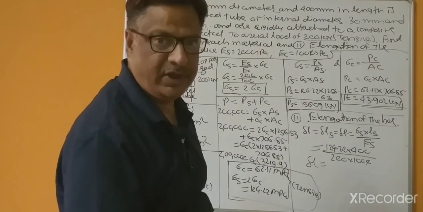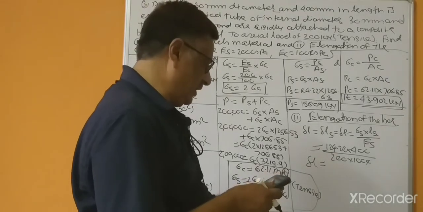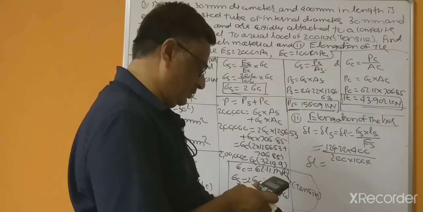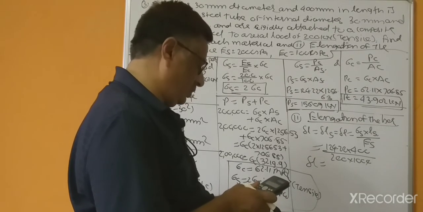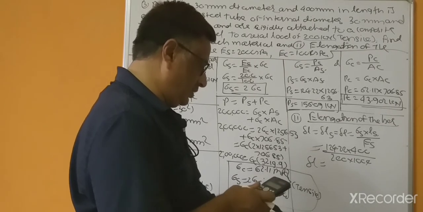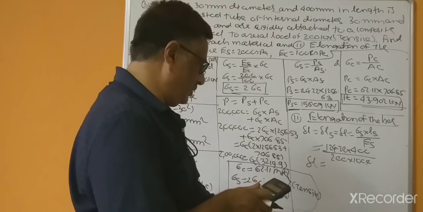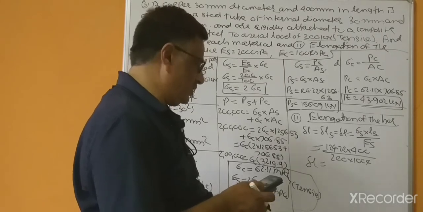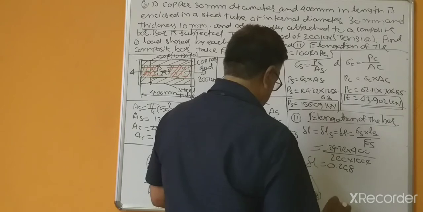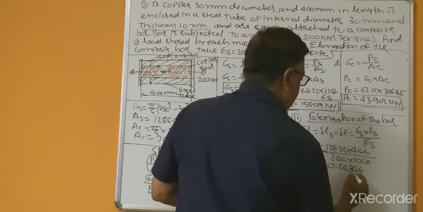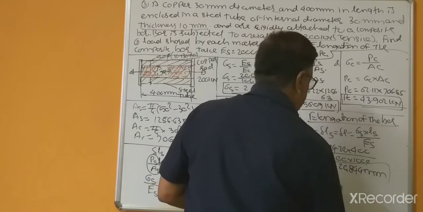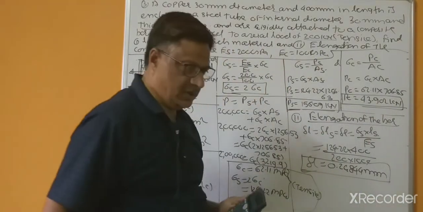So this is the increase above the length. 124.22 multiplied by 400 divided by 200 divided by 1000. This is equal to 0.24844 mm. So this is your required answer.